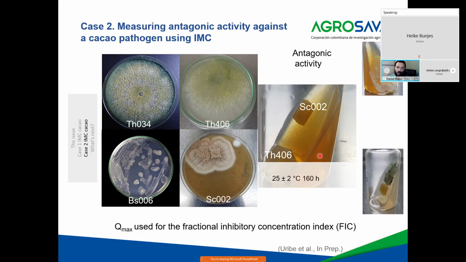For the second case, as I told you before, we were seeking the activity of antagonism between those microorganisms which are part of our national germplasm bank for agricultural purposes.